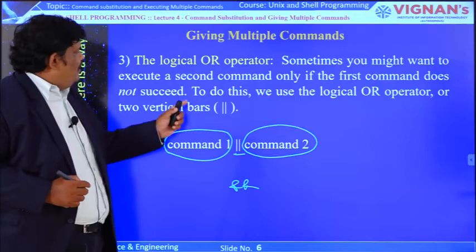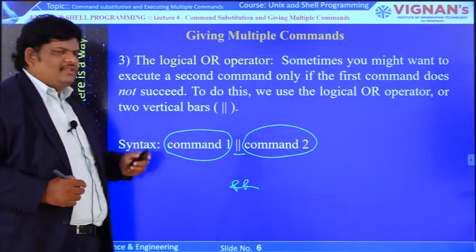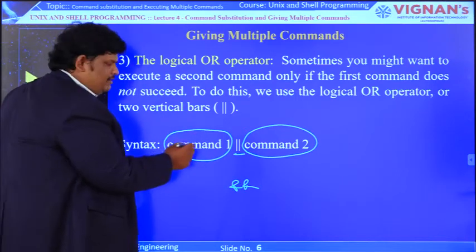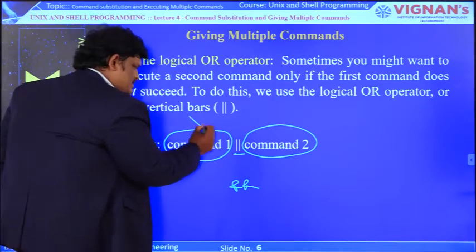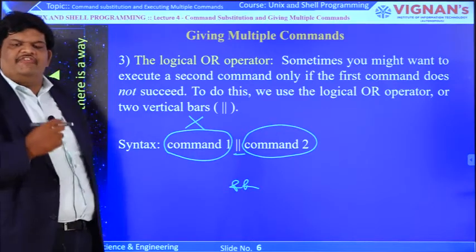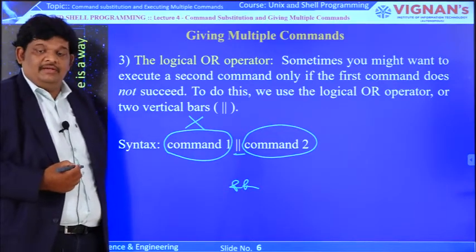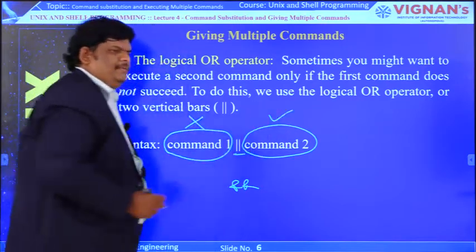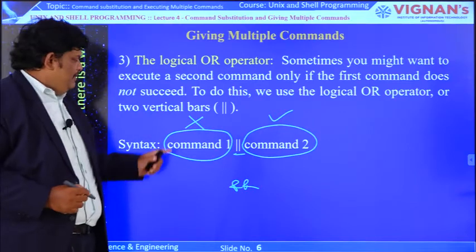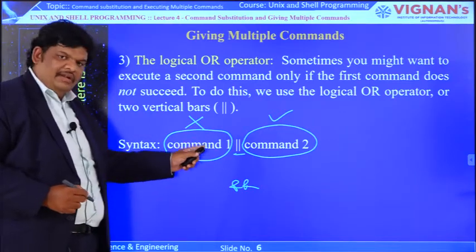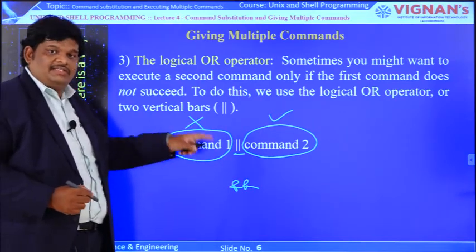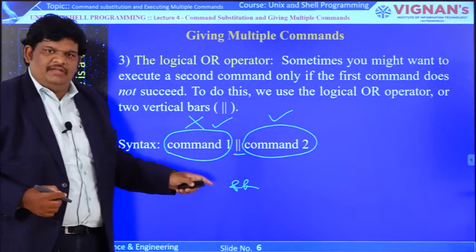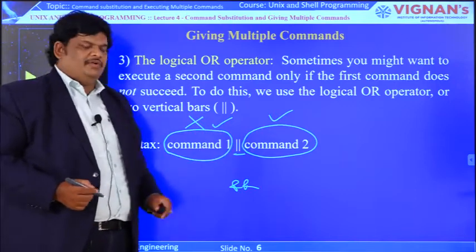How will the logical OR operator execute multiple commands? Let us check. Only if command 1 execution fails will the shell execute command 2. For example, if command 1 executed successfully, the shell never executes command 2.